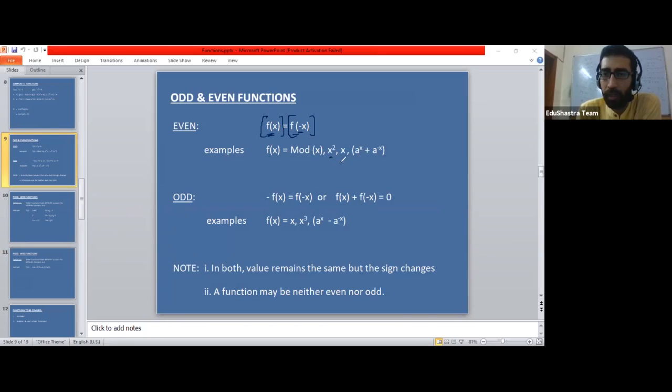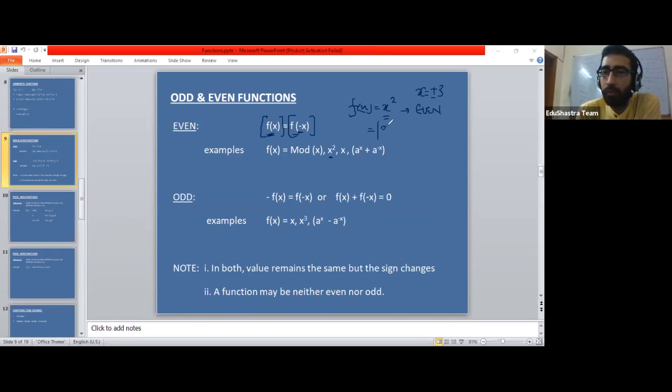For example, for f(x) equal to x squared, whether you take x equal to 3 or minus 3, the output remains 9. Plus 3 squared is 9, minus 3 squared is also 9. So x squared is surely an even function, since whatever value you take, the output for the negative value is also the same.